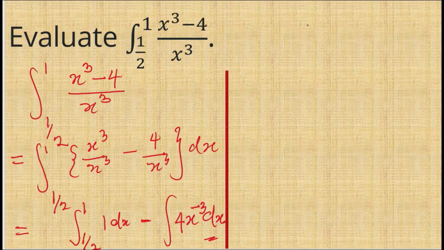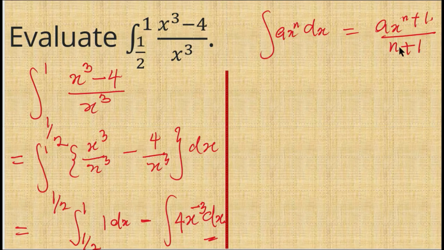Now we know from basic integration that when I'm integrating ax raised to power n with respect to dx, it becomes ax raised to power n plus 1 all over n plus 1. I'll use this formula for each of these integrals.